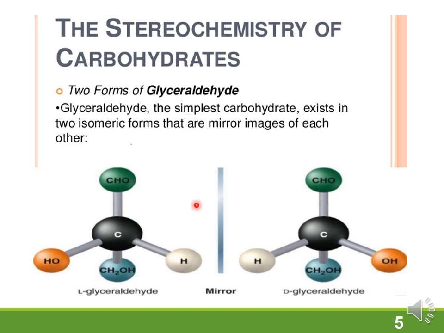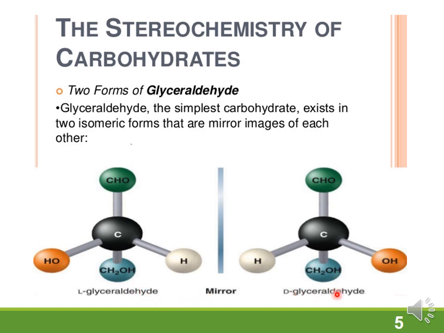Here the OH group is on the right side. That is why we gave the name D-glyceraldehyde. D is used for right side and L is used for left side. These are the conventions that I have told you earlier, capital L and capital D. That is why we say this is L-glyceraldehyde, and this is D-glyceraldehyde.